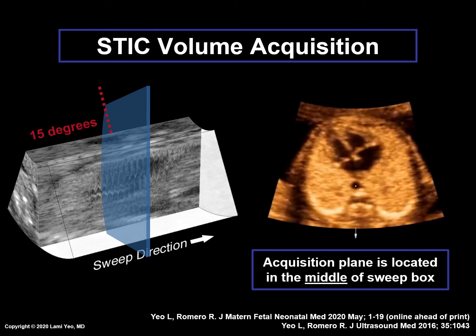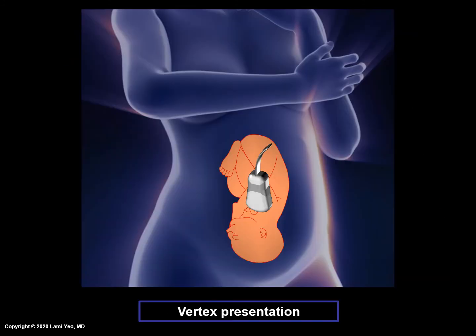The acquisition process then starts, coming back towards the acquisition plane, and then continuing for another 15 degrees to create a total volume of information of 30 degrees. Therefore, a total sweep of 30 degrees cranial and caudal to the 4-chamber view is obtained, in which the acquisition plane is located in the middle of the sweep box.